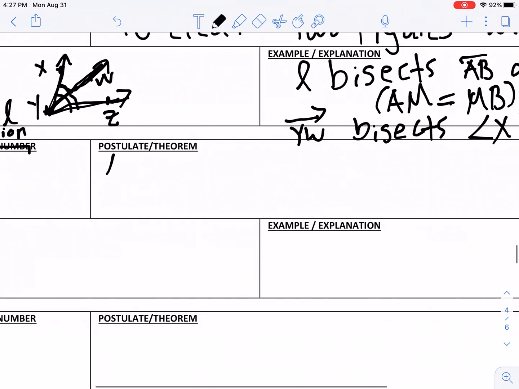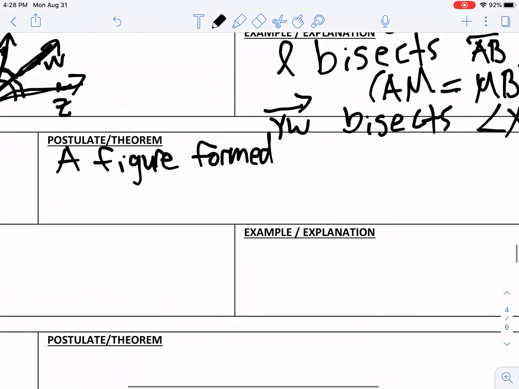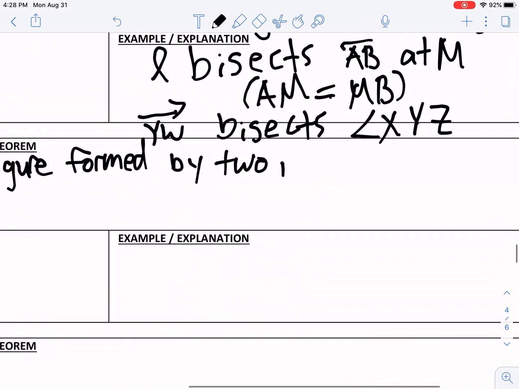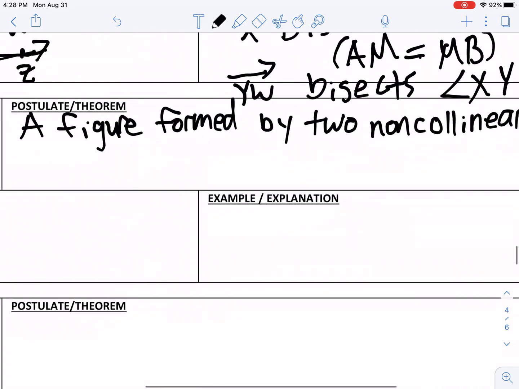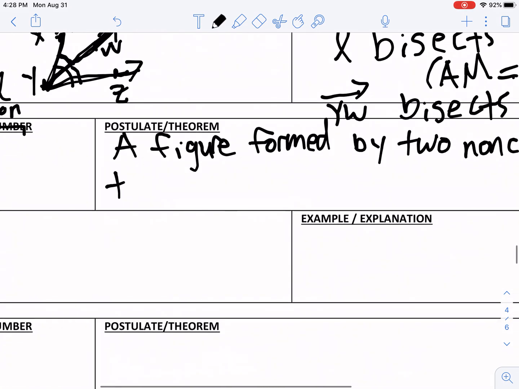An angle is a figure formed by two non-collinear, in other words, not on the same line, okay, non-collinear rays that have the same endpoint.